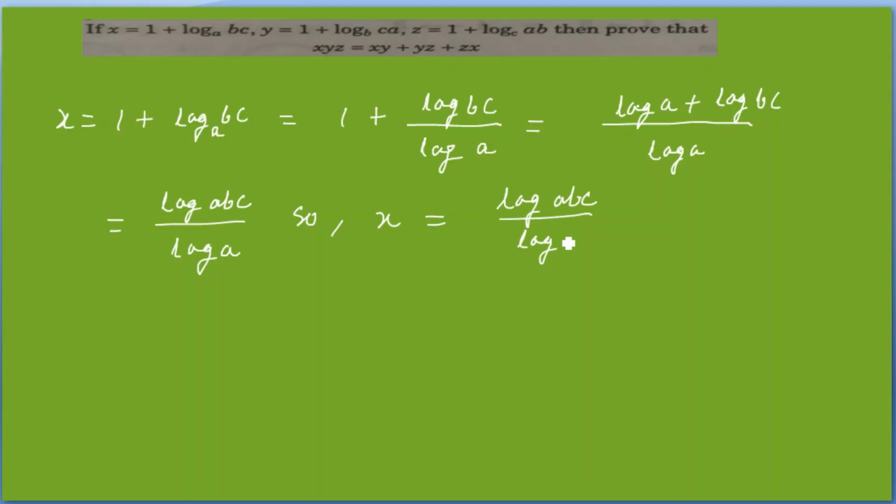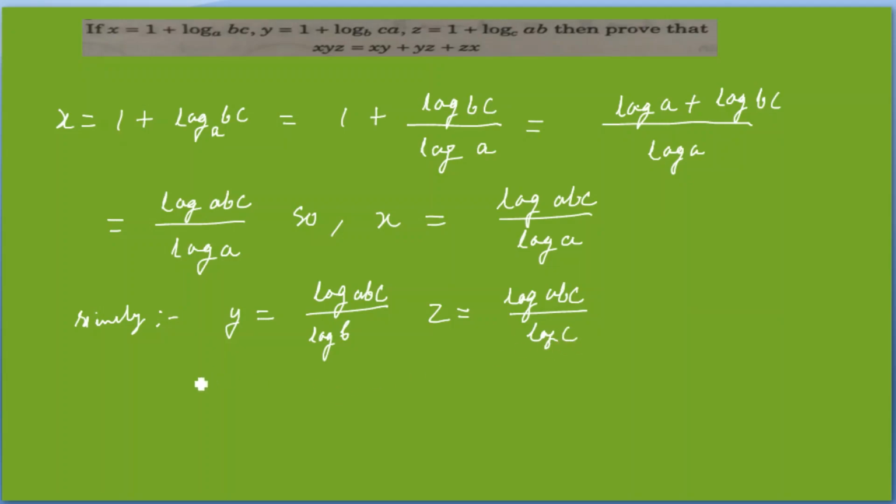Similarly, we can write y equal to log abc upon log b, and z equal to log abc upon log c. Now coming to the question, we have to prove LHS equal to xyz.